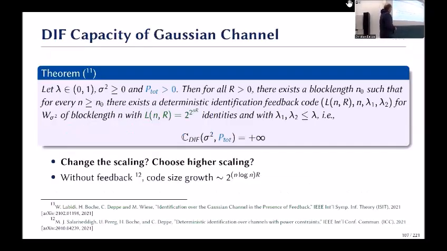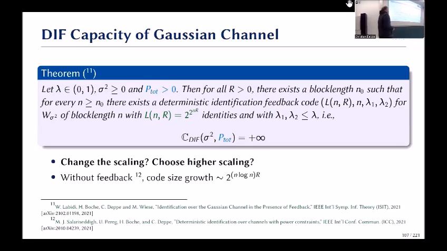And the theorem we get is that even if we look at double exponential growth, like we do here, the identification capacity is infinity. What can we do? Can we do something similar to deterministic encoding, where we change the channel and get some finite value here?